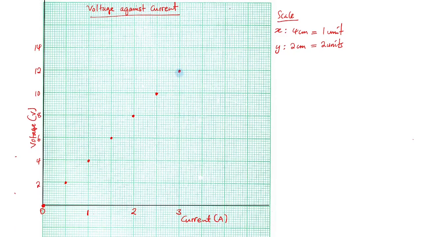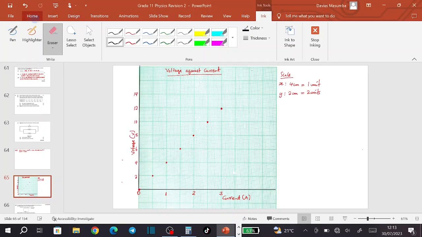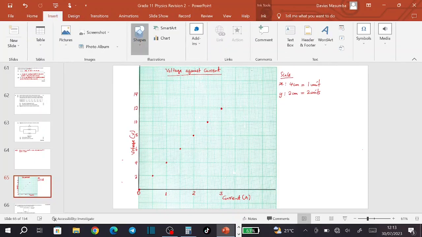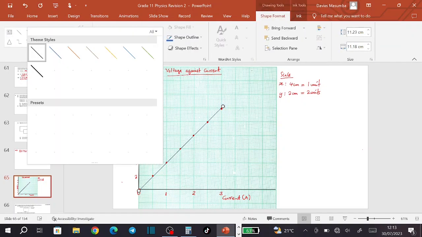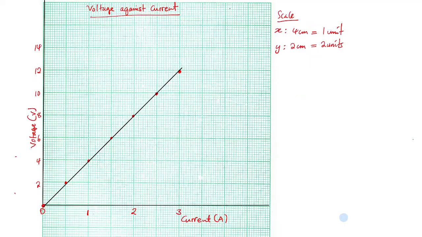You put it there. So here it shows that this is a straight line. Let me put a straight line like that. It will not be difficult from 0. The straight line must pass through all the points like that. Okay, so that is it, guys.